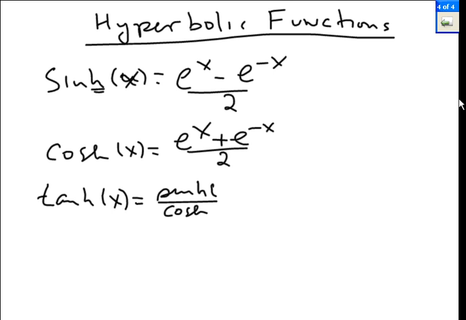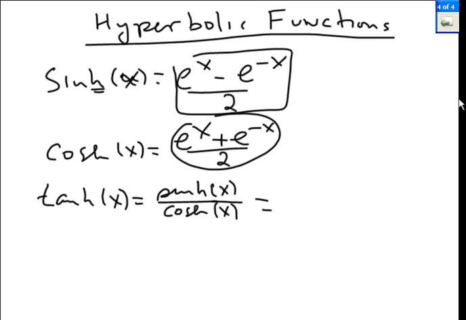That is, it's the sinh of x divided by the cosh of x. And if you take this function and divide it by that function, the 2's will cancel. You get e to the x minus e to the minus x over e to the x plus e to the minus x.